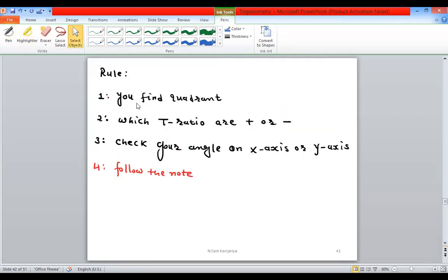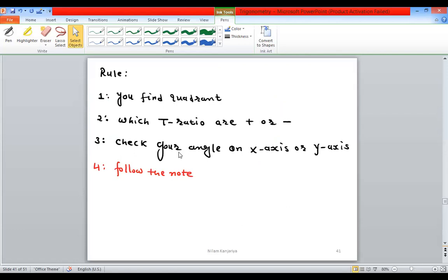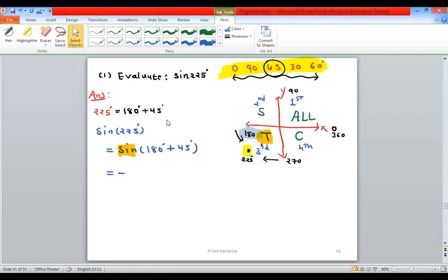First step: we find the quadrant. Then we check whether our trigonometric ratio is positive or negative in that quadrant. Sine is negative in the third quadrant, so I put the negative sign. Done. Second, check whether your angle is on the x-axis or y-axis.